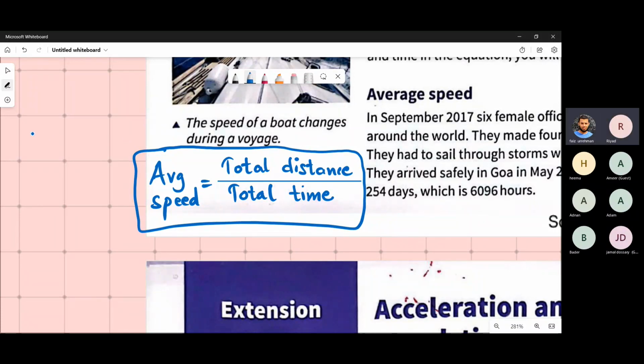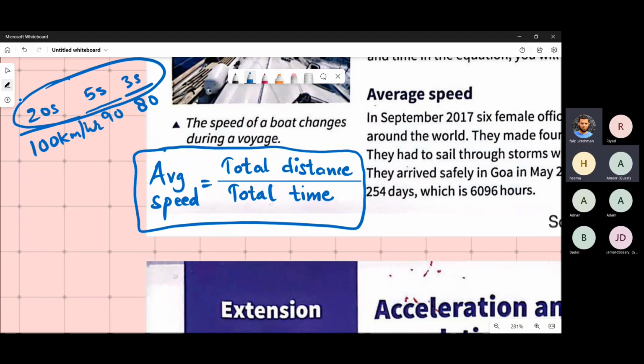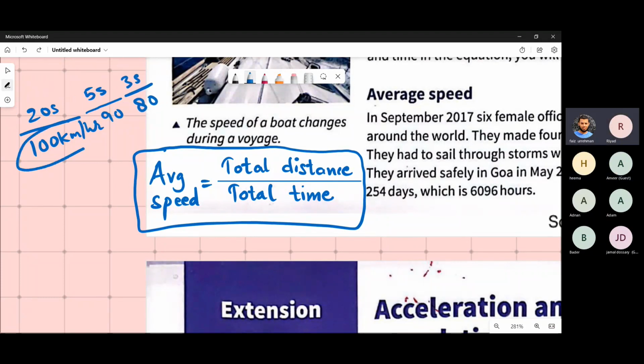Maybe for 20 seconds our speed is 100 km/h, and then suddenly we see the light turning red. We start applying brakes. For the next 5 seconds maybe our speed is like 90. Then for the next 3 seconds it is like 80. So you see, within this time frame our speed is changing, decreasing.